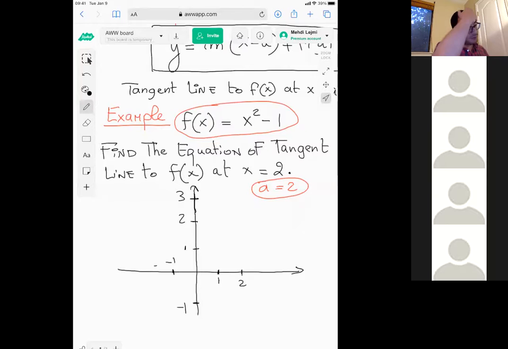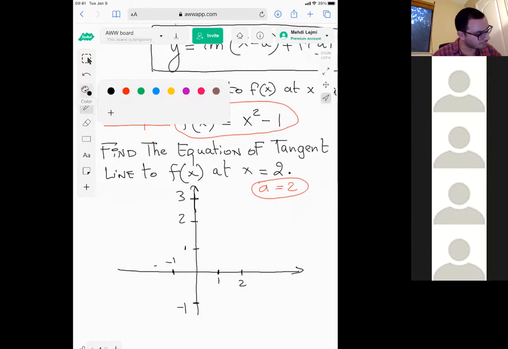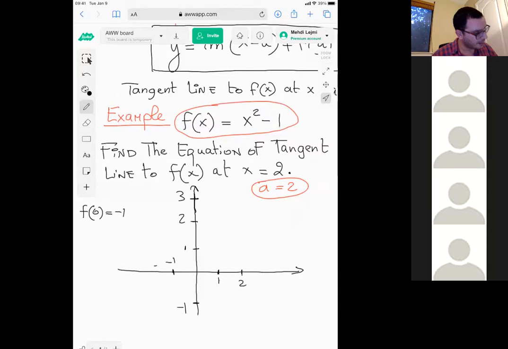But anyway, if you're going to graph x squared minus 1, so for example, if x is 0, then f of 0 would be 0 squared minus 1. Again, f of x is x squared minus 1, right?